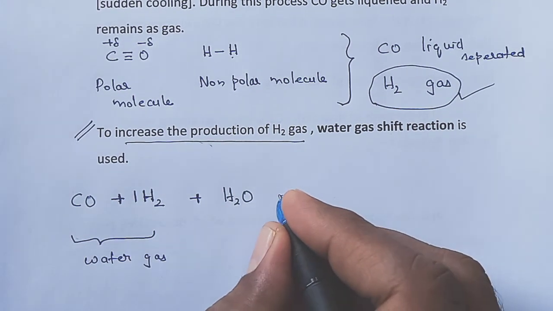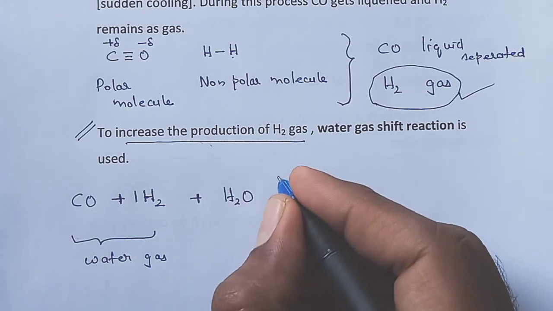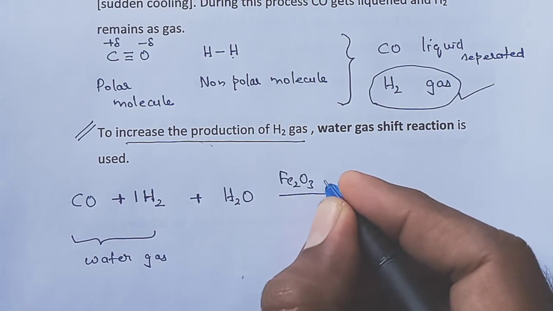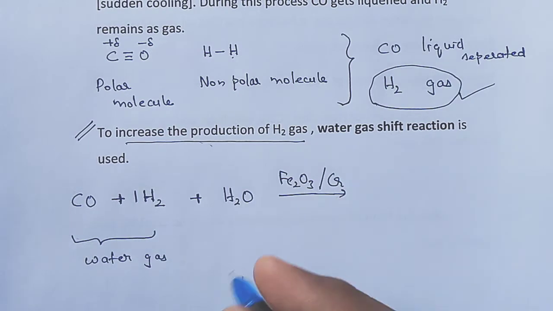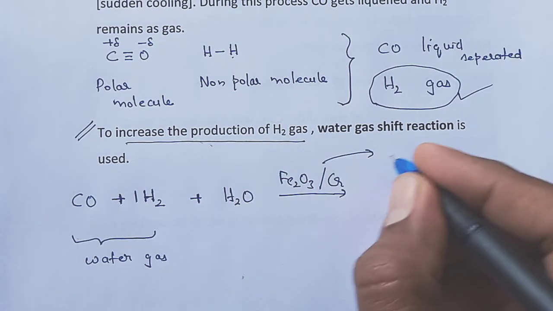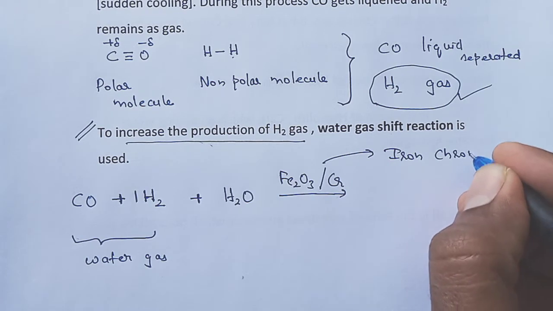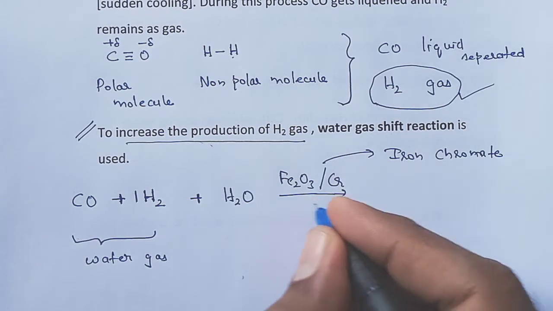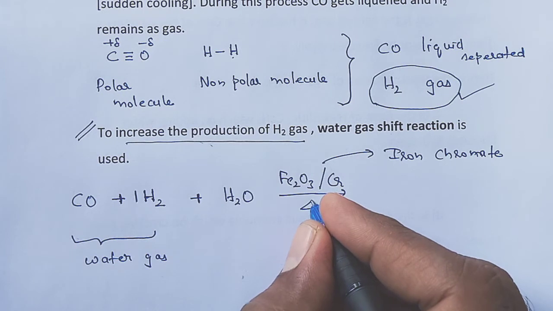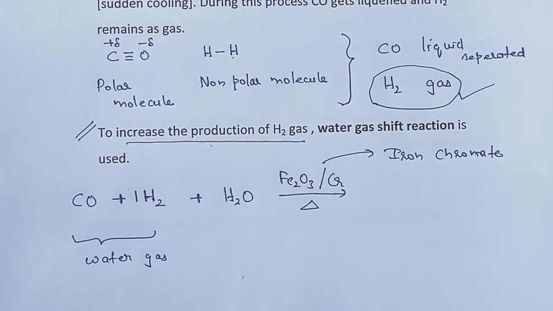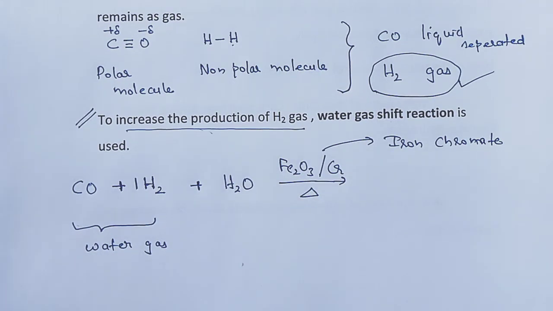What is the catalyst used here? It is Fe2O3 in the presence of chromium. Simply we will call this mixture as iron chromate. So in the presence of iron chromate, steam is passed into the water gas at high temperature.